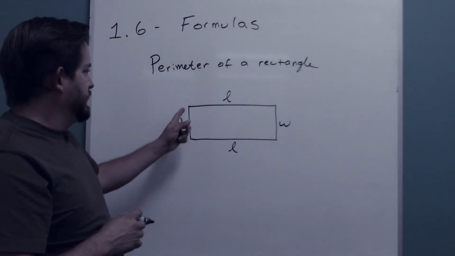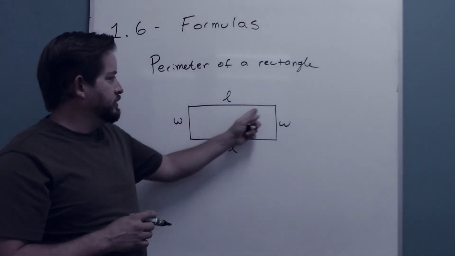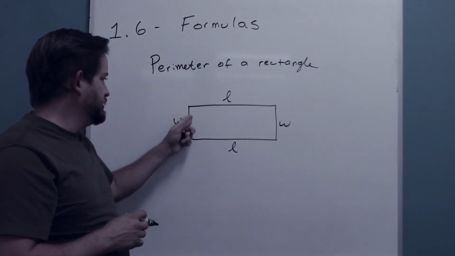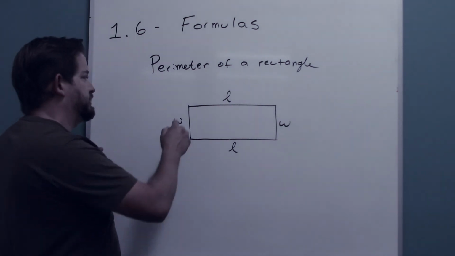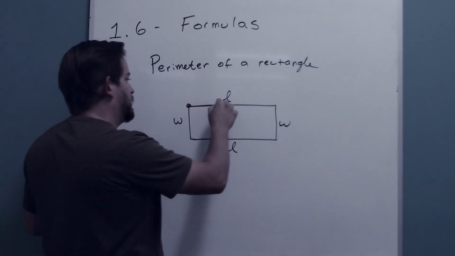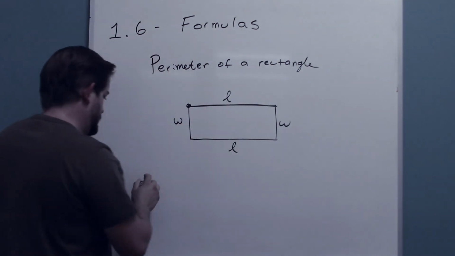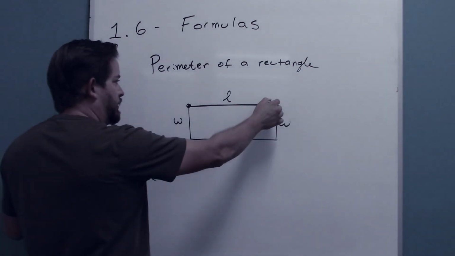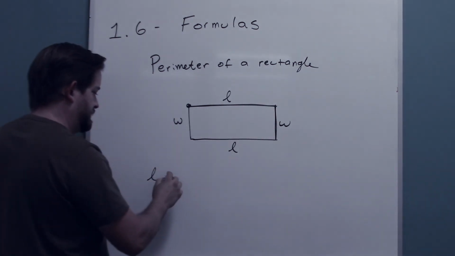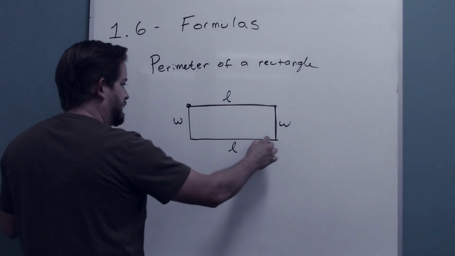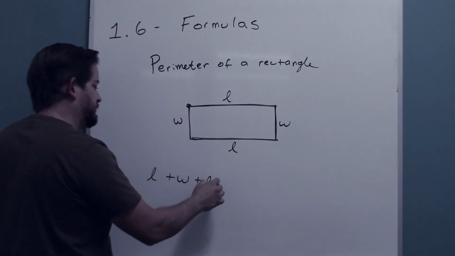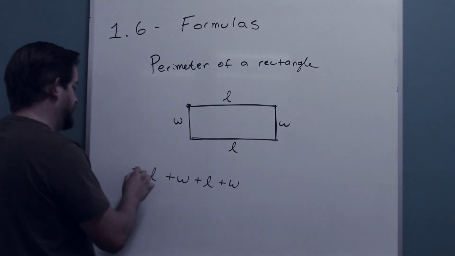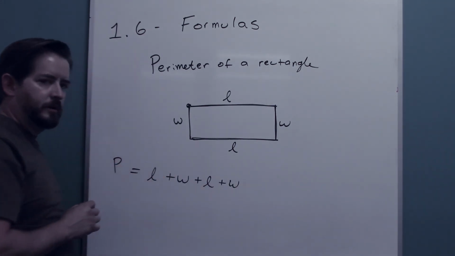The perimeter is, if you start at one corner and just walk around the whole edge of the shape, that's the perimeter, right? So if I start at one edge here and I just start walking, I've walked L, and then I walk W, and then I add on another L, and then I add on another W. And I'm back to where I started, and this we're going to call the perimeter.